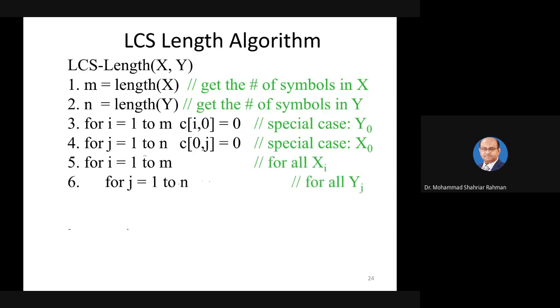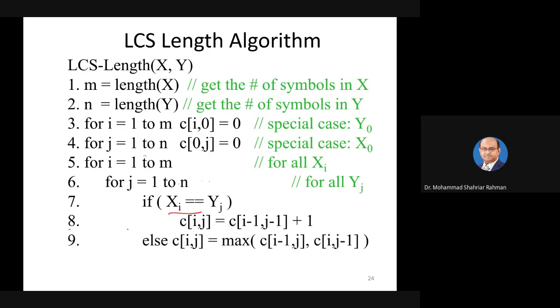And for line 5, we have for scan 1 to M for all I, X, and for all J. So for all I, find all J, and then if there is a match, we do this line 8, otherwise do line 9, and then we can see.